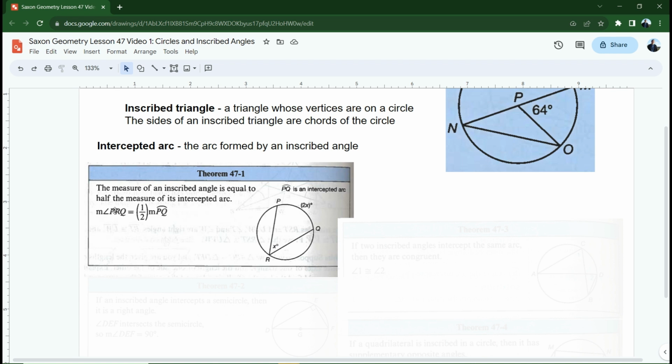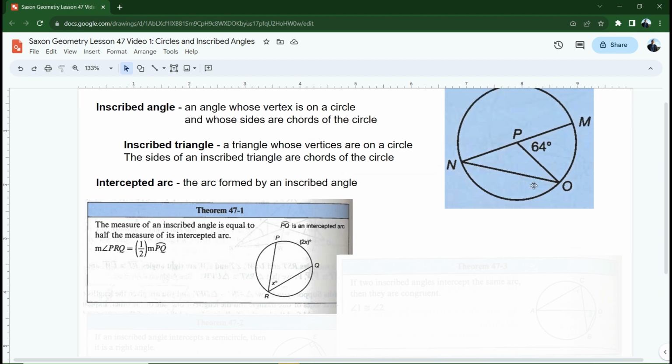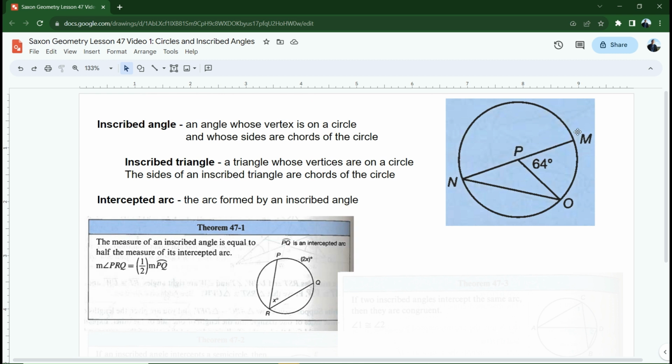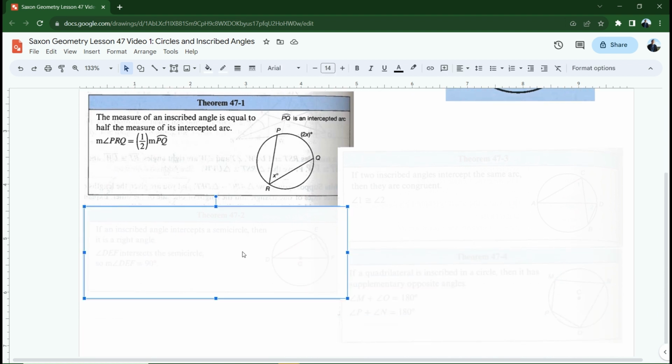Another way of saying it is the measure of angle PRQ, this angle here, is 1/2 the measure of arc PQ. And over here, I know that MO has to be 64 degrees because the central angle always has the same measure as the arc that it draws on the outside of the circle. Well, that means that MNO would have to be 32 degrees. It's going to be half of this amount. All right, that's our first theorem.